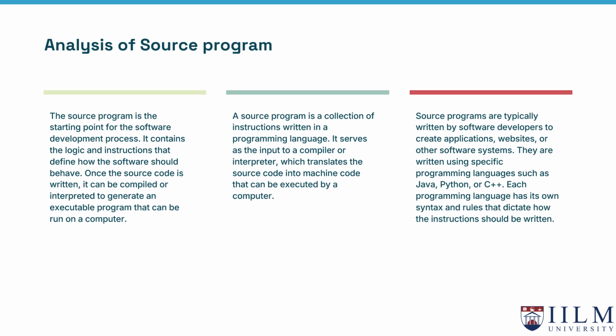The source program is typically written in a programming language, and it is used to create applications, websites, and other software systems. There is no mandatory rule that source code can be written in a particular language only. It can be written in any language such as Java, Python, C++, etc.